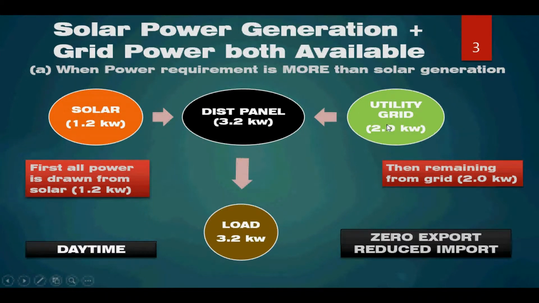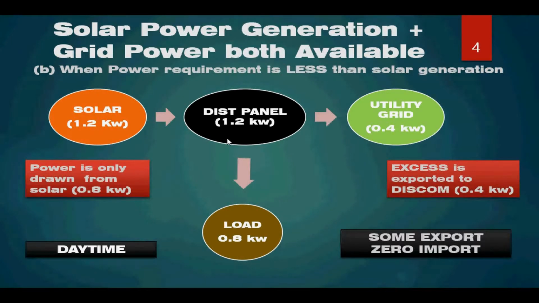So at the distribution panel, both these power supplies will get merged to supply the power of 3.2 kilowatt. That means that you will be paying less for your electricity bills. Earlier you had to pay for 3.2 kilowatt of load. Now you are only paying for 2.0 kilowatt of load.